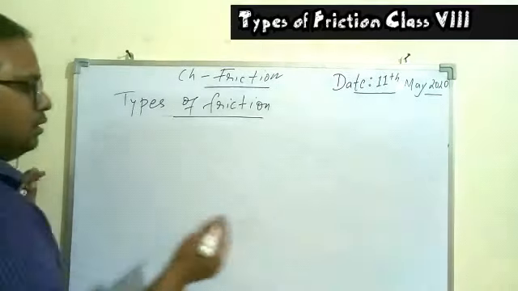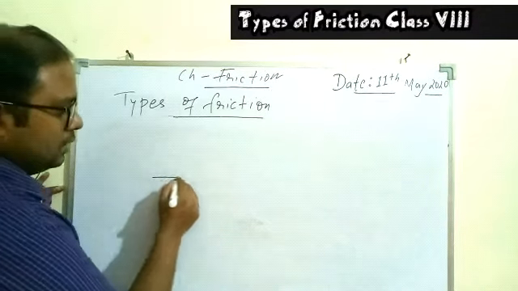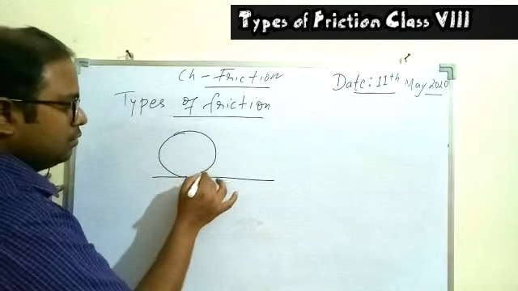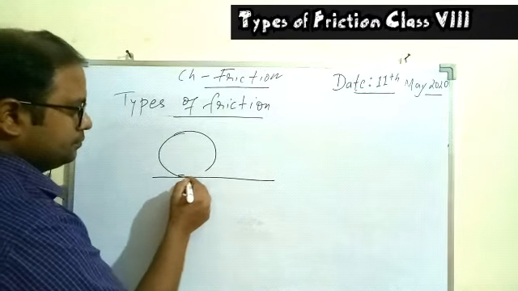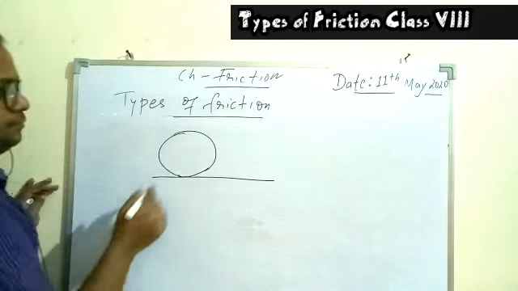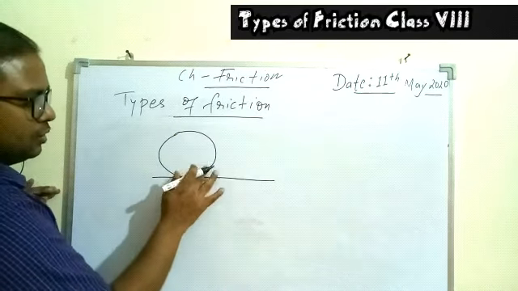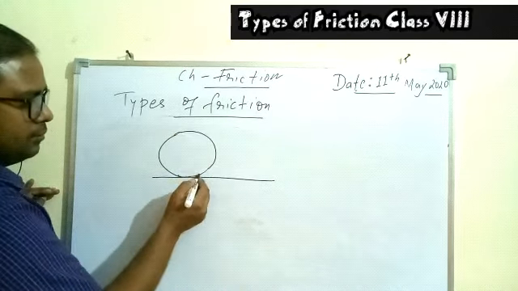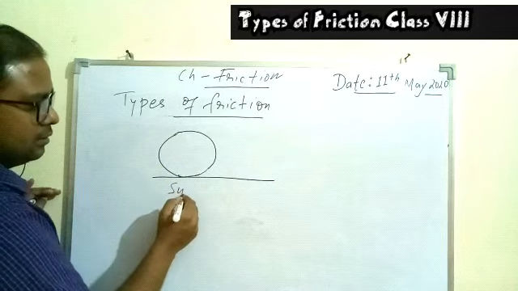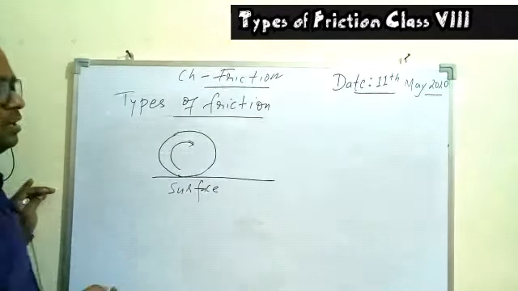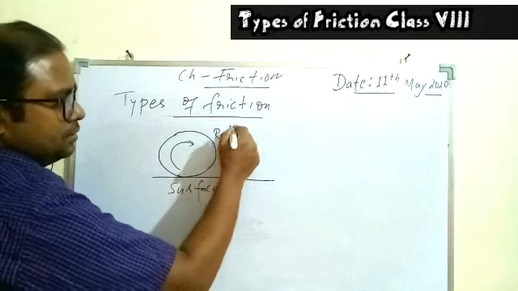So we know if any object rolls on the surface, this object is going to move and roll over the surface. So this is a rolling object.